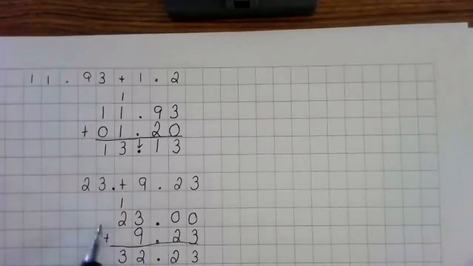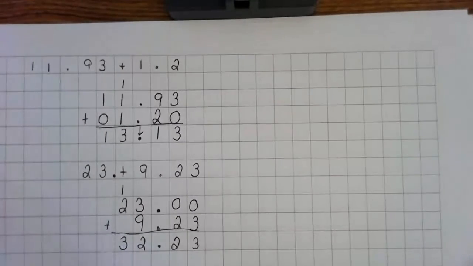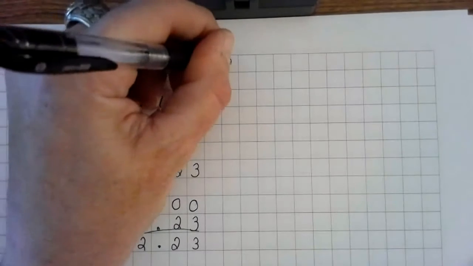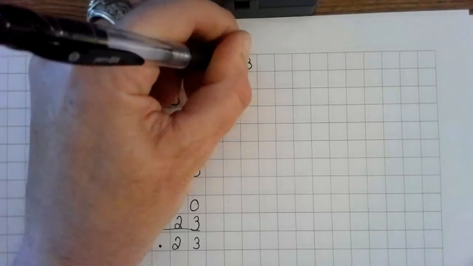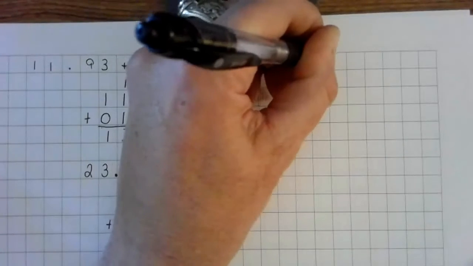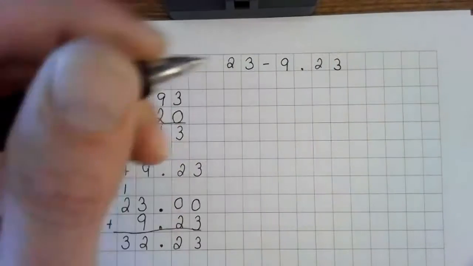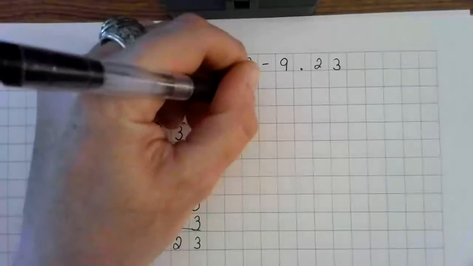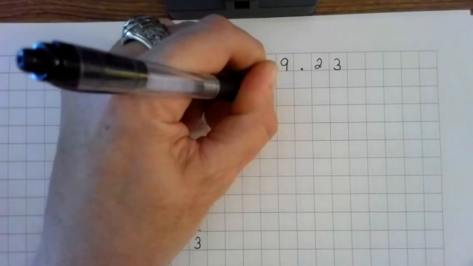We're going to use the same problem that we just used here, and we're going to use it in subtraction. And this will show you why it is important to always fill in zeros wherever there's missing numbers. So I have 23 will go on top.